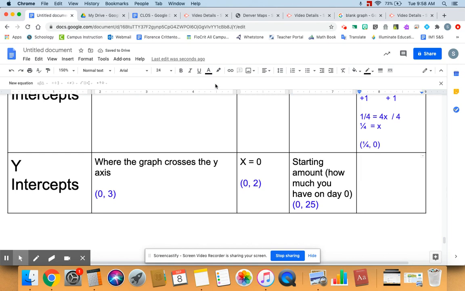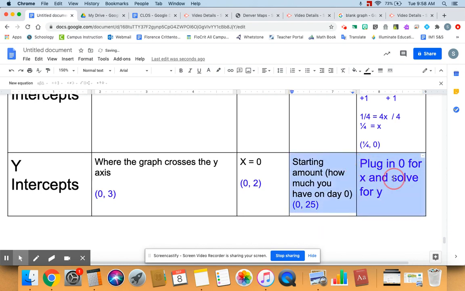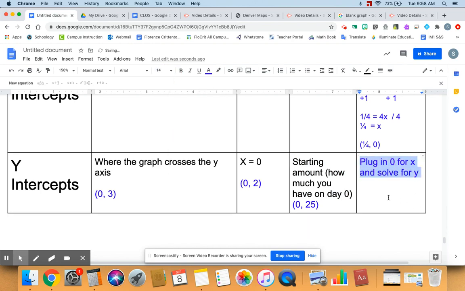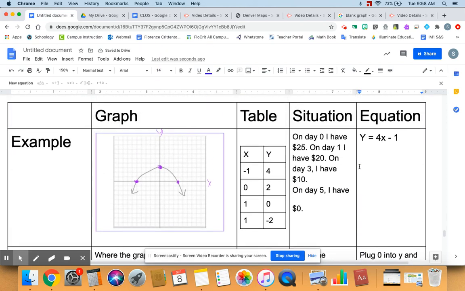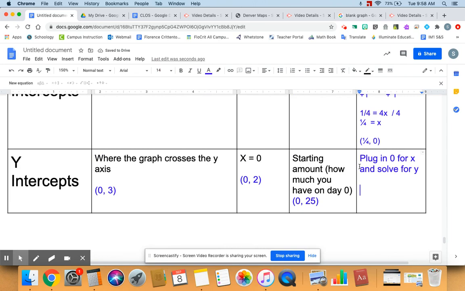And then for the equation, if x is equaling 0, then we're going to plug in 0 for x and solve for y. So if I go up to the equation, it was y equals 4x minus 1.